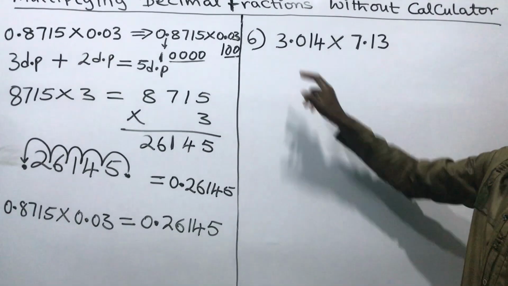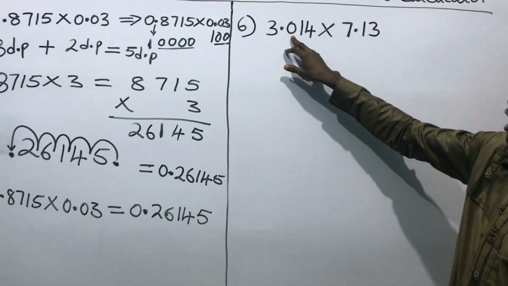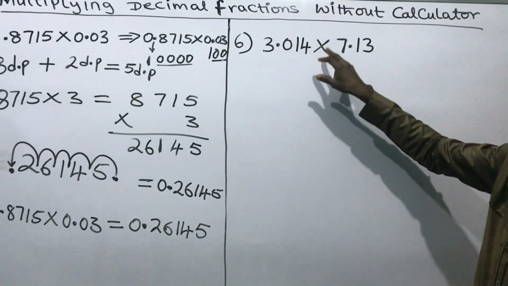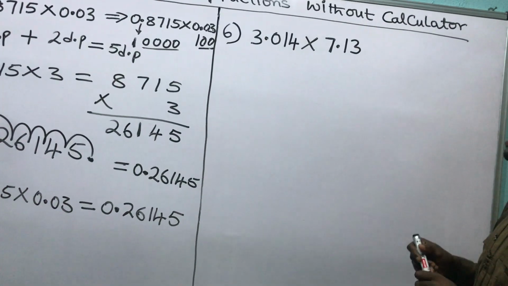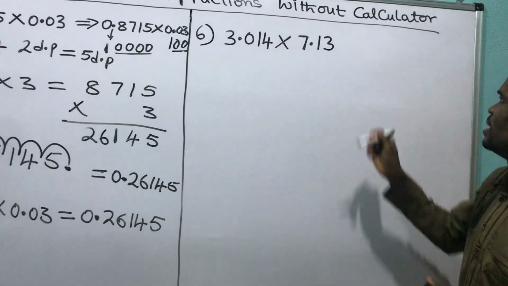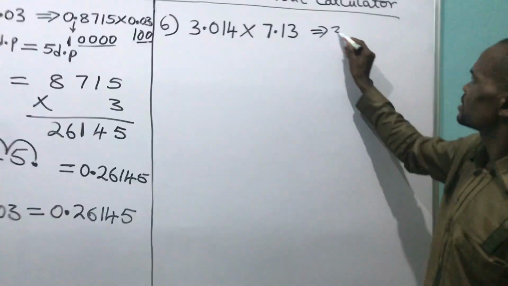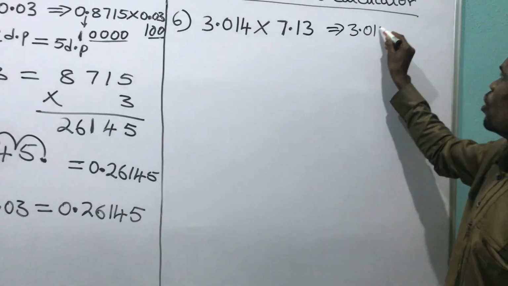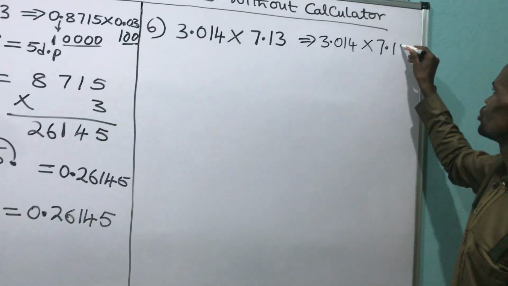Next, question number 6. Question number 6 says 3.014 times 7.13. Let's see how many decimal places are here. 3.014 times 7.13.